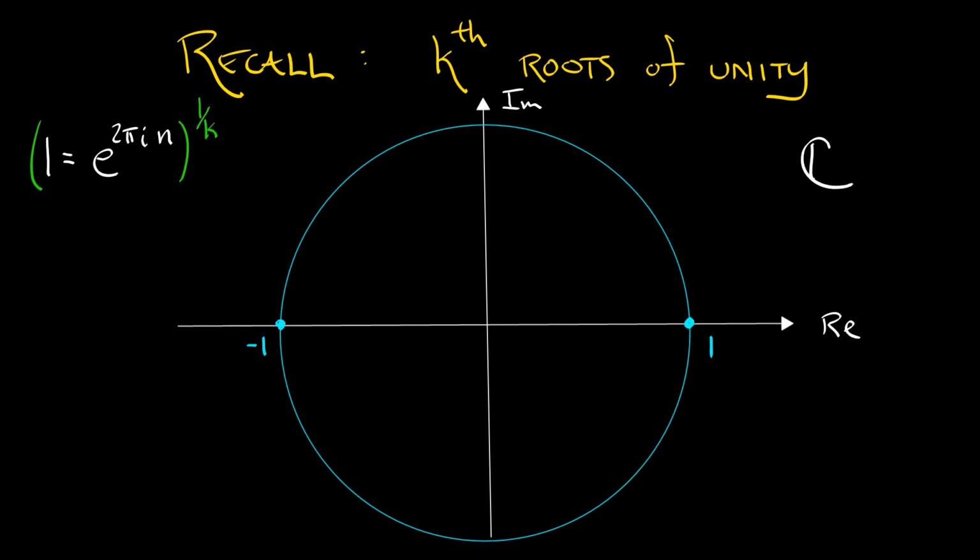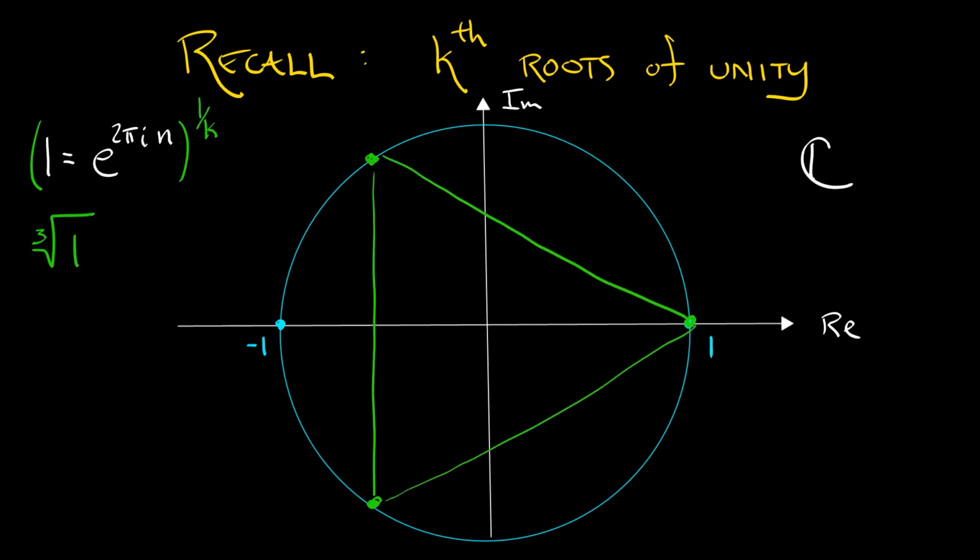Now, remembering the polar form for how this works, remembering Euler's formula, all that good stuff, that means that really, if we look at the cube roots of 1, there are 3 of them, equally spaced on the unit circle. Aha. What are the fourth roots of unity?